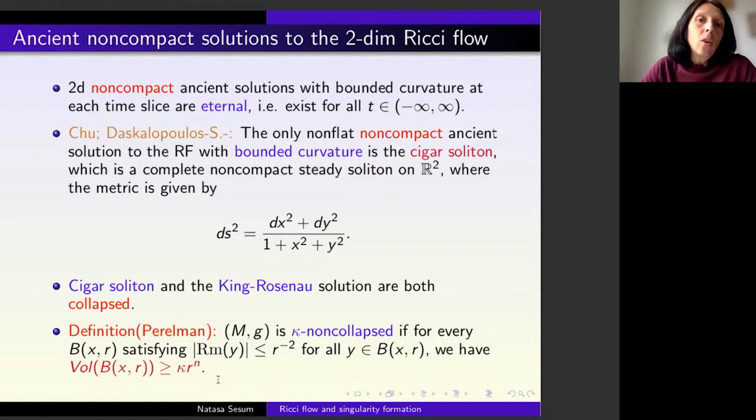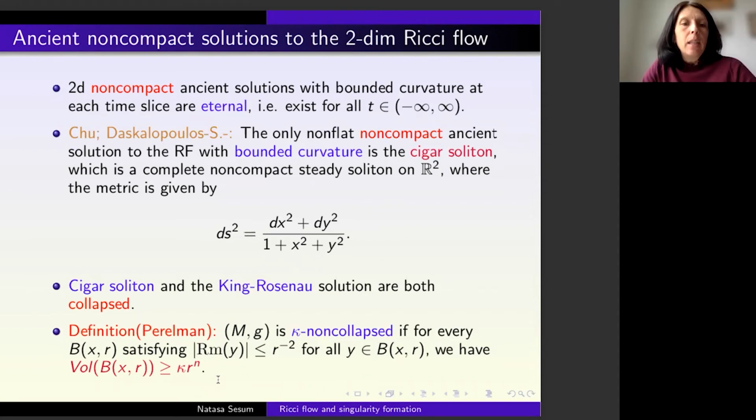And what is the cigar soliton? It is a complete, non-compact, steady soliton on R2, which was discovered by Richard Hamilton, and you can write that metric very explicitly, like I wrote on this slide.